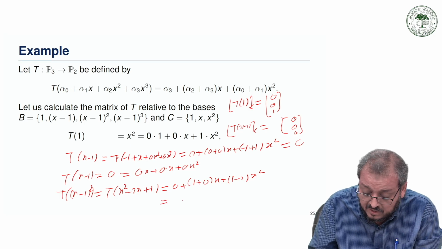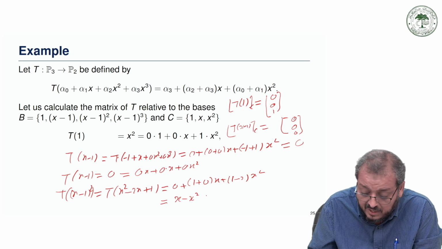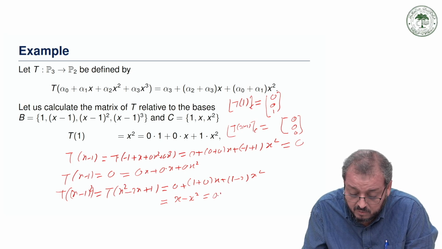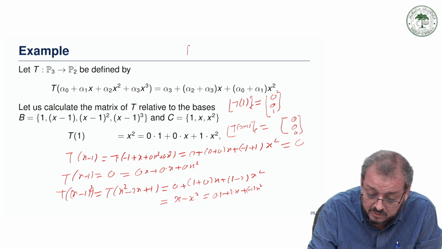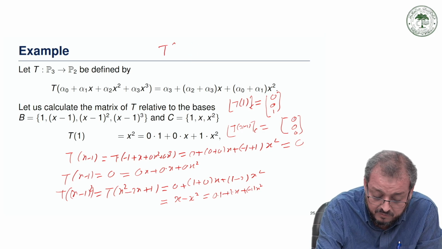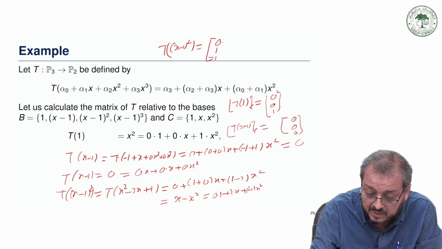So this is nothing but x minus x square, which we can write as a linear combination: 0 into 1 plus 1 into x plus minus 1 into x square. This means T of x minus 1 whole square is the column vector 0, 1, minus 1.